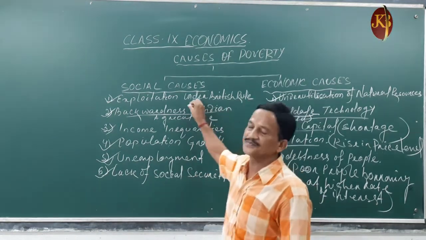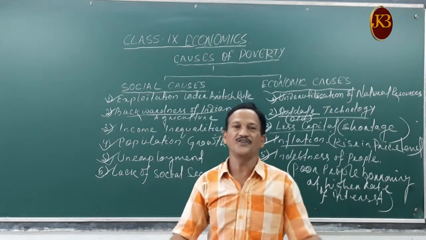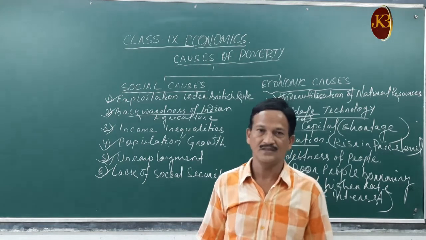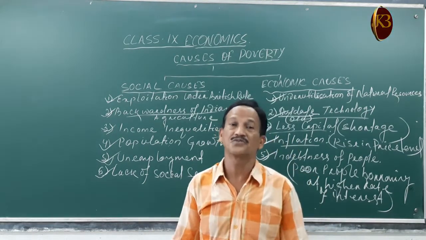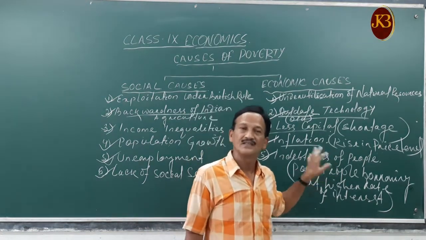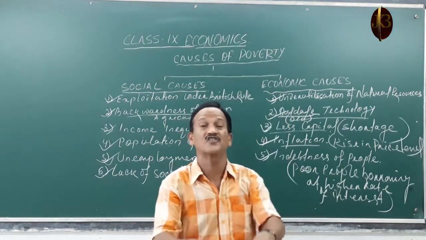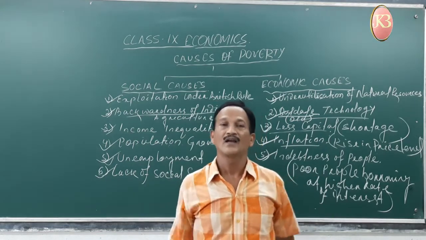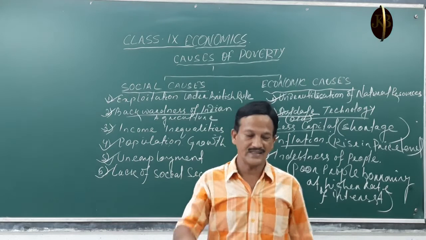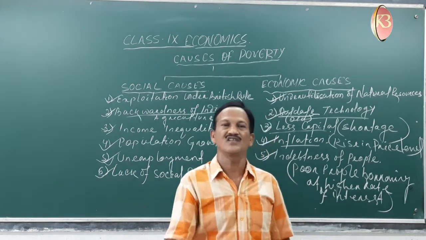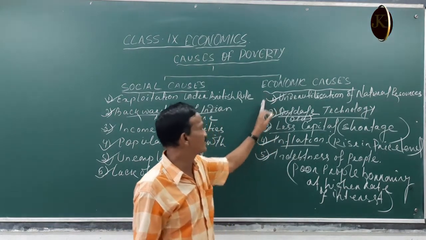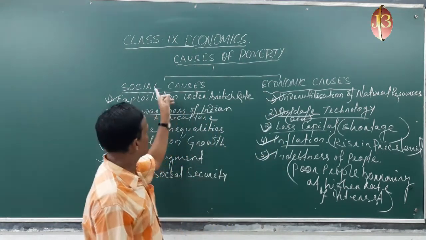When the crops do not give good production, they lose their lives. They go to suicide, because this indebtedness is a borrowing pressure, borrowing at a higher rate of interest which they could not return in time, and that creates a lot of pressure in their families. So these are the various economic causes and social causes.